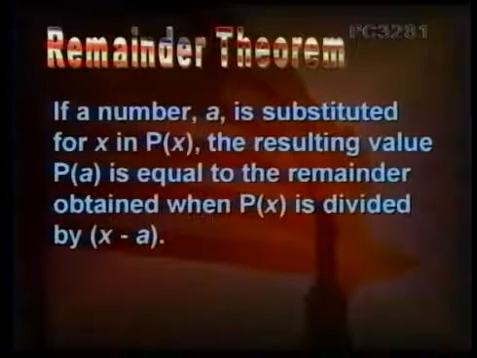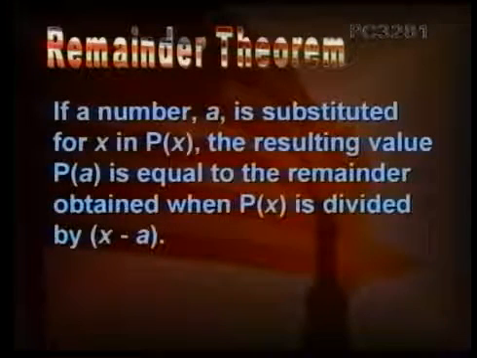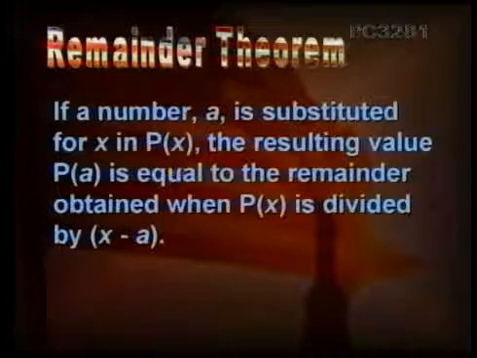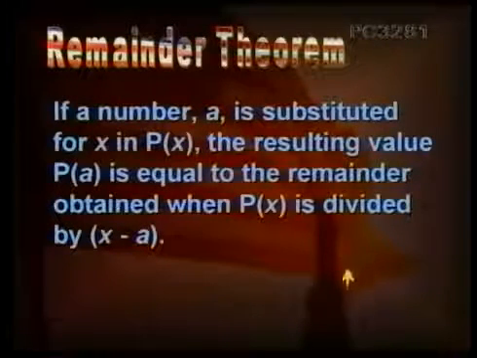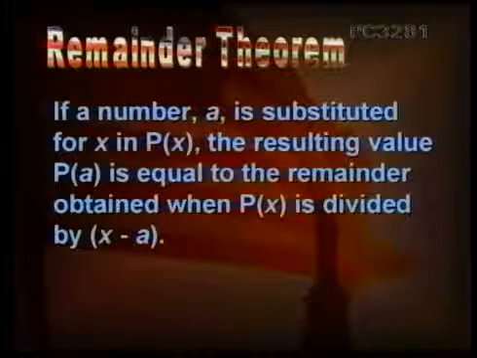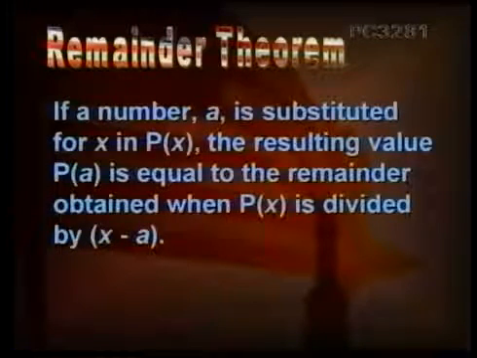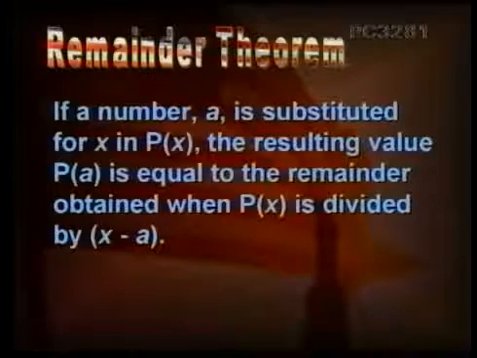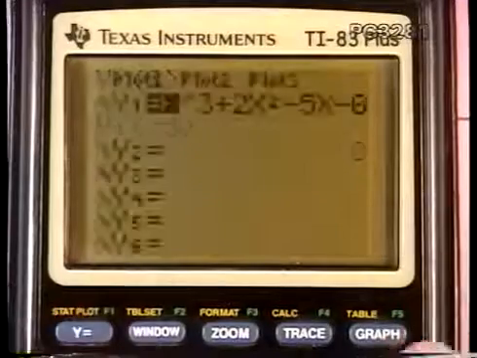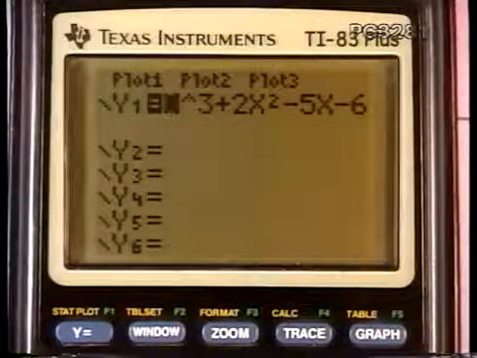All right. If you take a value, a, and you plug it into your polynomial, whatever you get for p of a is your remainder if you're going to divide. Let's just look at the one that I gave you as an example. This one that we entered right here.